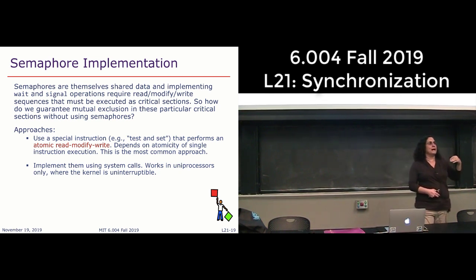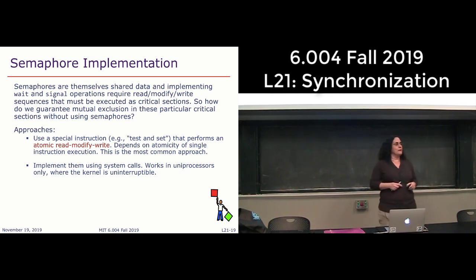So I will get to execute the entire critical region before something else can come and be executed. And so that's another way of possibly supporting the signal and wait operations. And that's in fact often done in simpler operating systems.